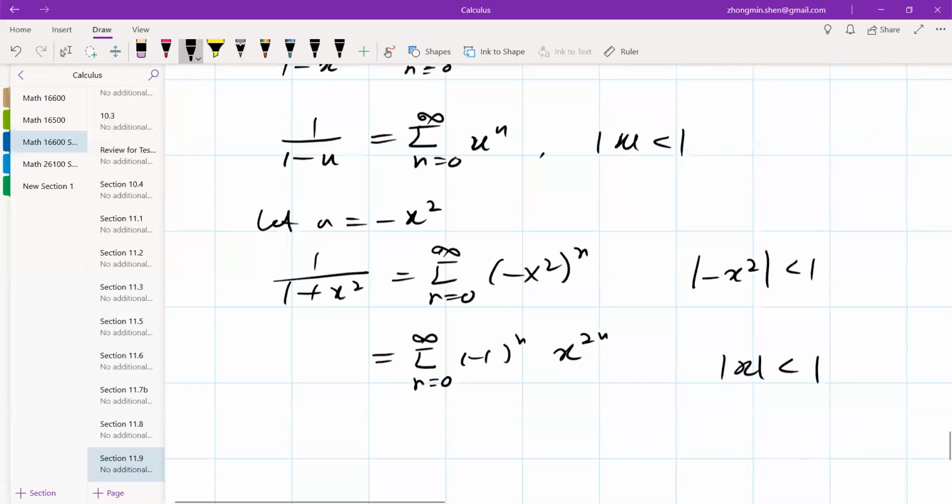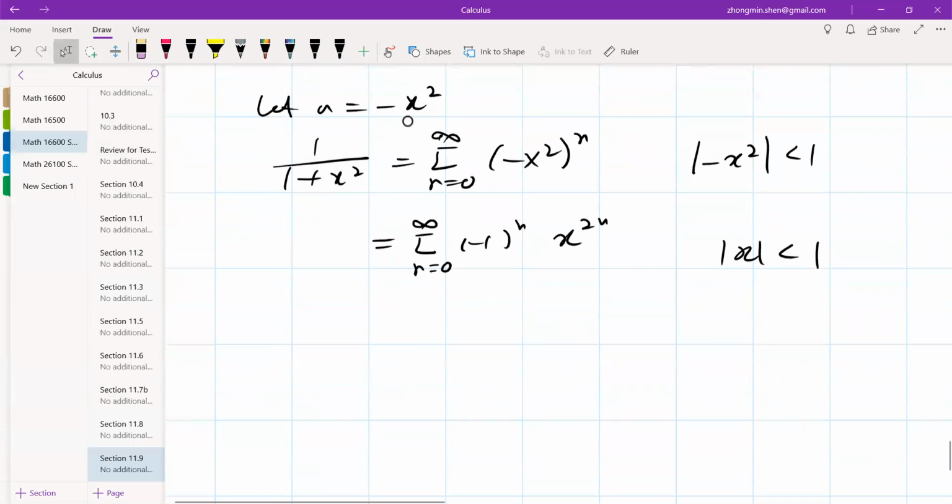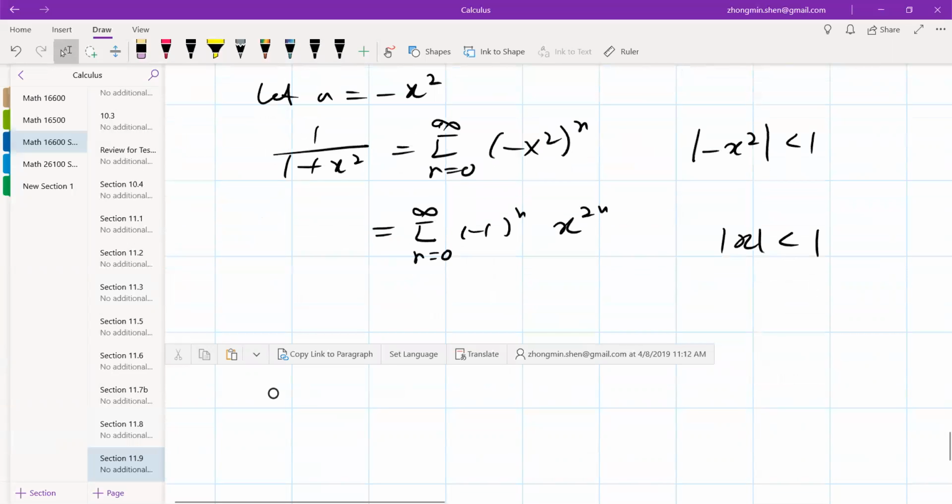But it's very difficult to find the power series representation for this function somewhere else, okay, for example at 10, because you have to use the so-called Taylor series to find out.